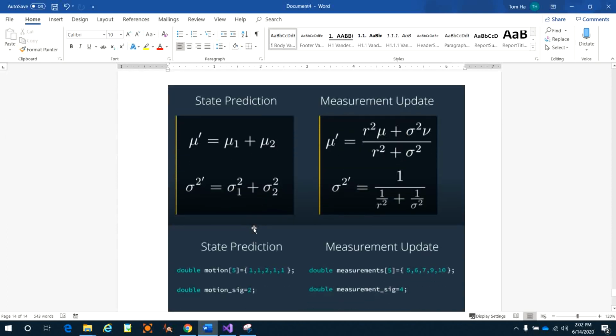That's the summary of the two important phases of the Kalman filter. Remember, measurement update and state prediction, right?